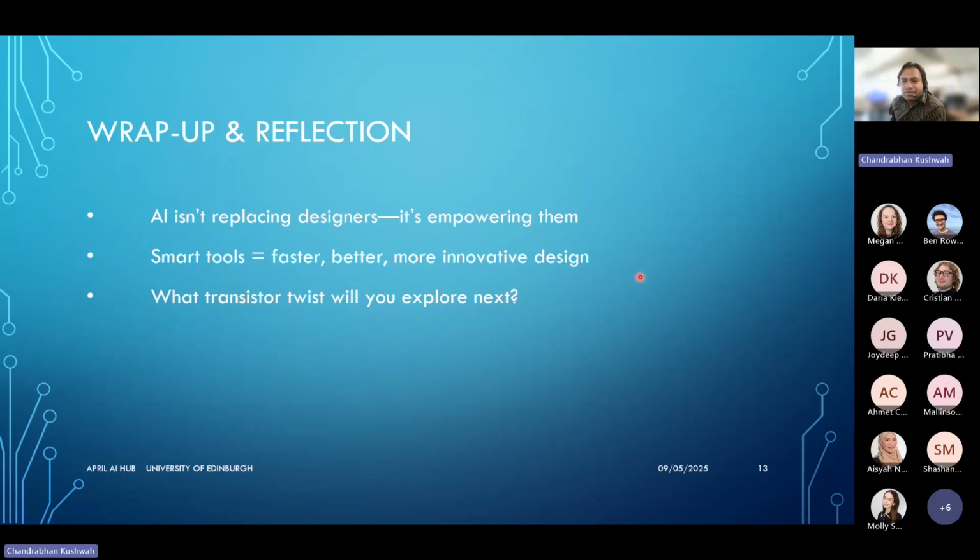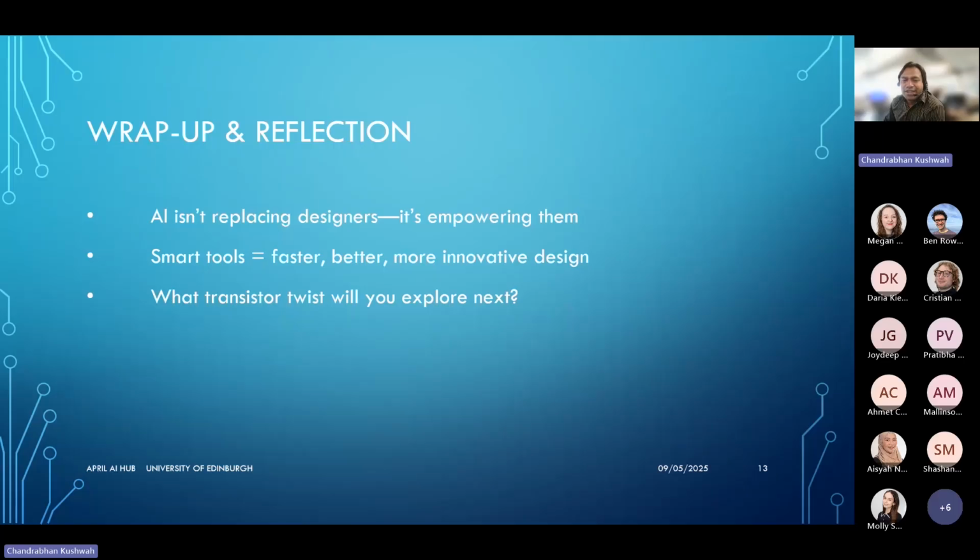The role of the human expert is still very crucial, but now augmented by intelligent tools that handle the repetitive, computationally heavy work. This gives us more room to focus on creativity, intuition, and innovation. So it is a very smart tool.